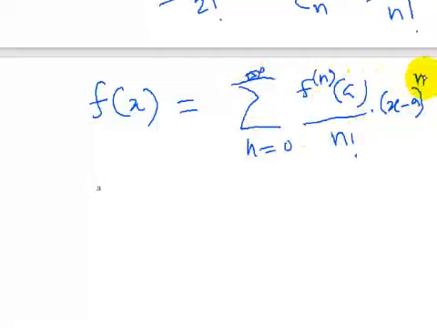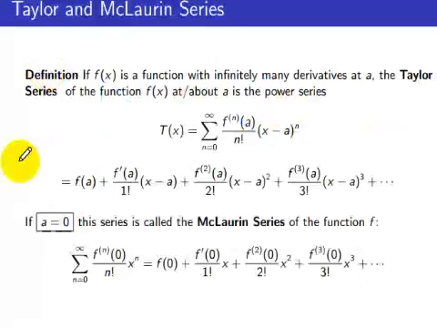So this is called the Taylor expansion, the Taylor expansion around a, right?